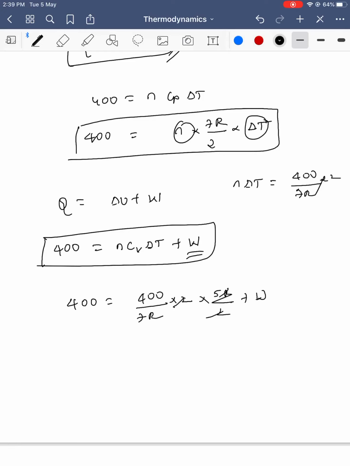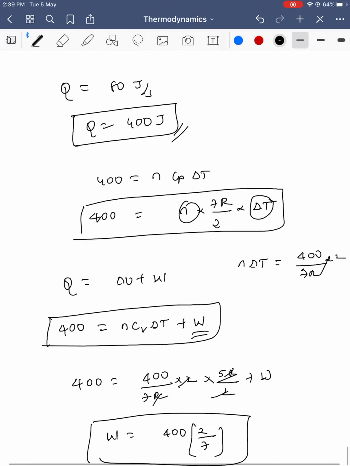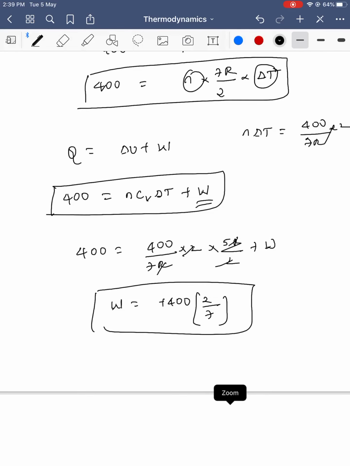So 2 gets cancelled, R gets cancelled. So W is equal to 400 minus 400, so if it goes to the other side, 2 by 7. So this is the amount of work that is done by the gas. Because it is positive, this is work done by the gas.